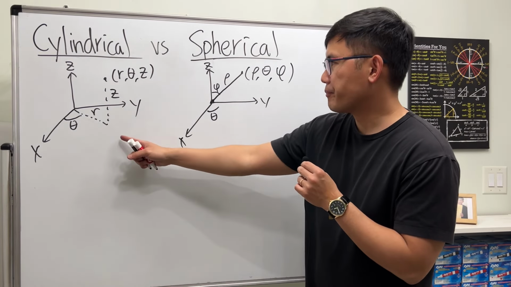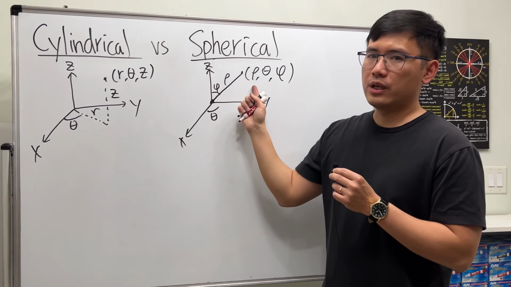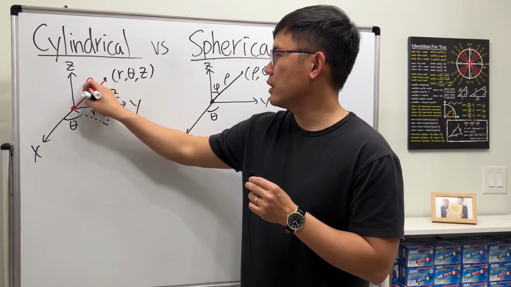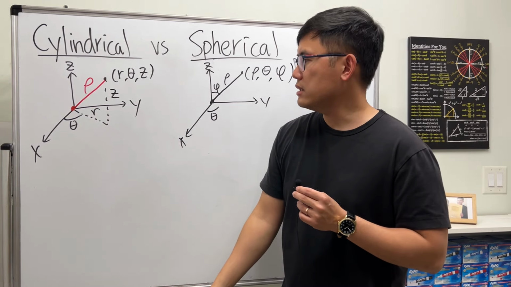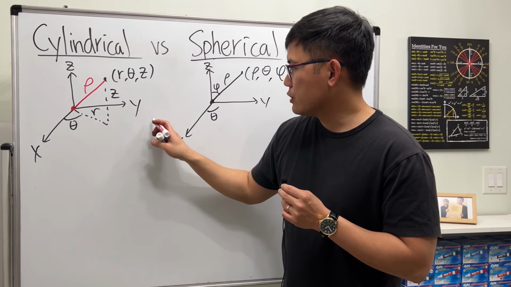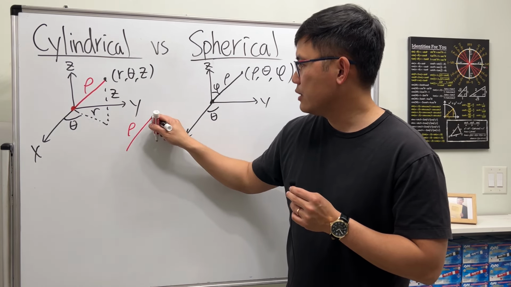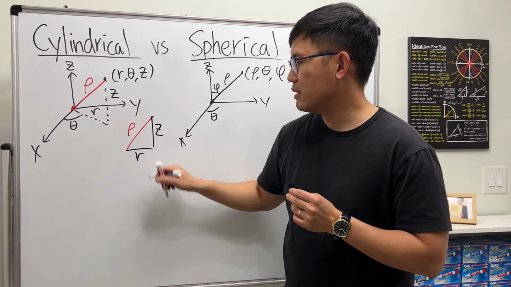Alright, so check this out. First, I have r theta z. How can we get rho, which is the distance from here to here? Well, if you look at this right here, we have a nice triangle, right? We have rho, and then this right here is z, and then the base here is r. It's a right triangle.